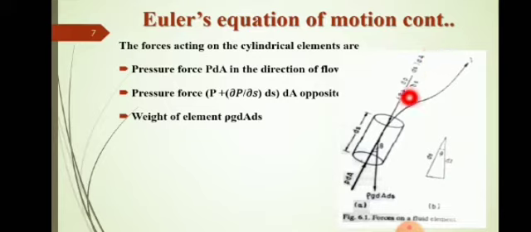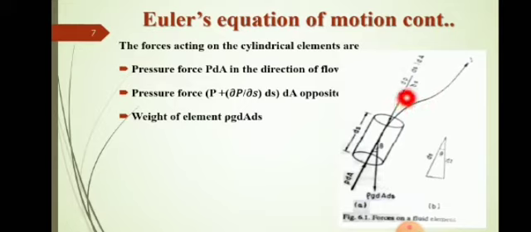When you consider this face, the pressure is P and the pressure force is PdA. When you reach the other face, you have to consider the increase in pressure when the flow travels a distance ds. So when it reaches here, there will be an increment of pressure.